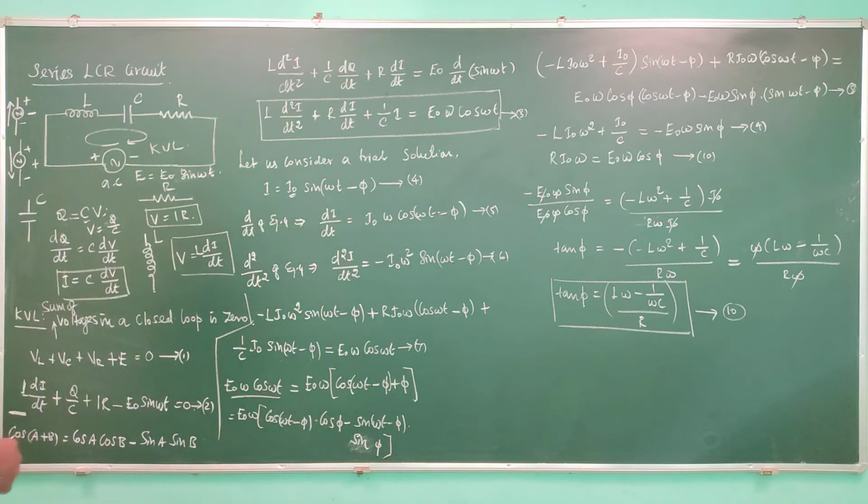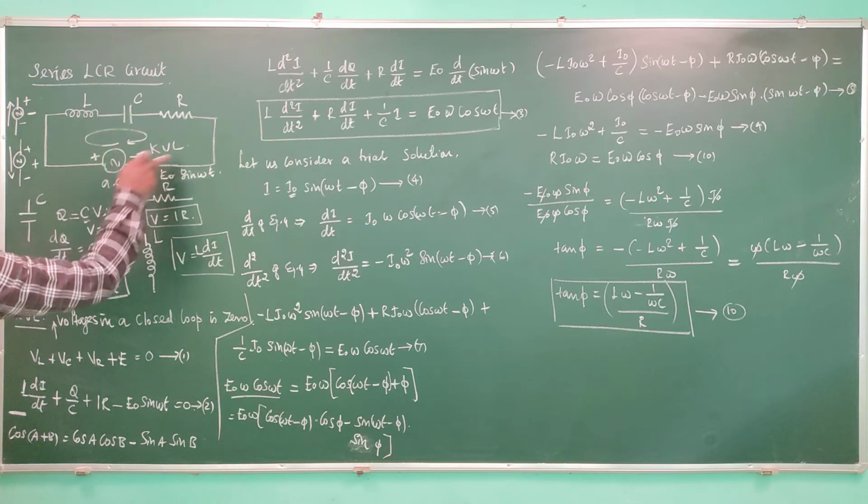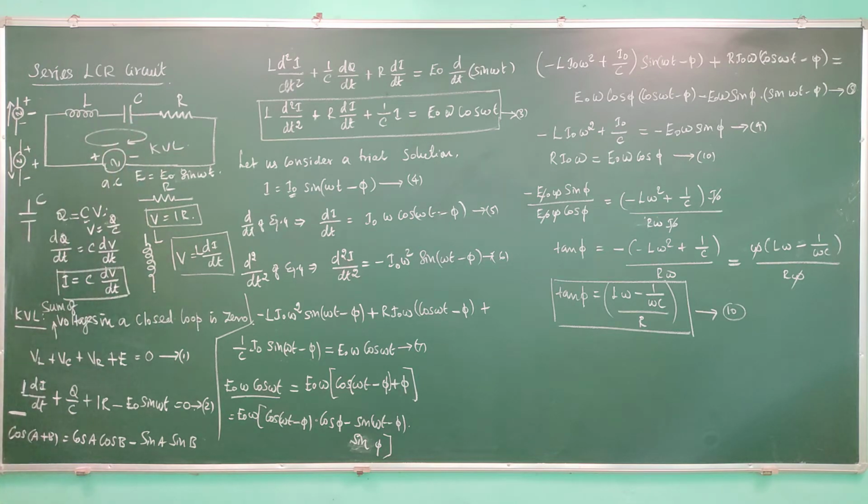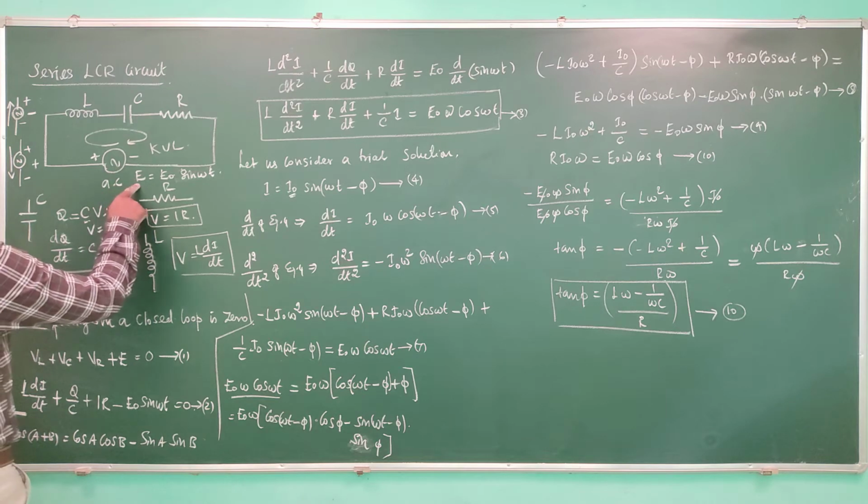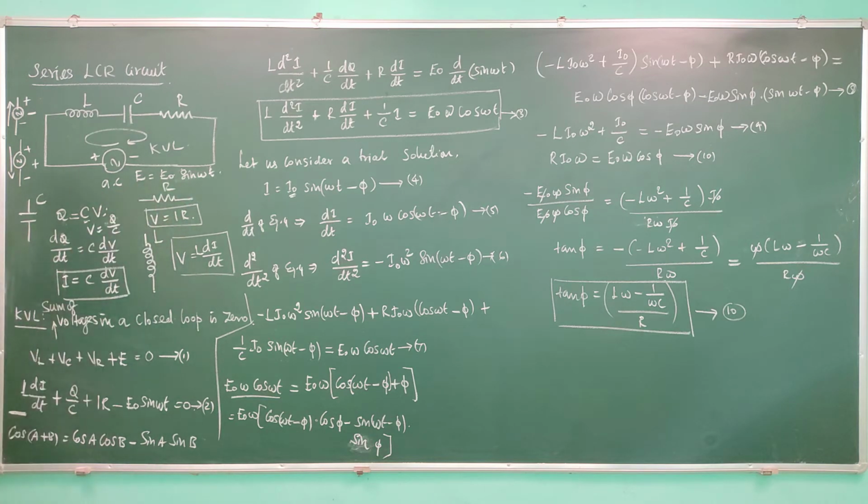So before proceeding further, let us once again recollect the mathematics behind this LCR circuit quickly. We have considered the inductor, capacitor, resistor circuit serially connected with the AC source, and whose equation is written as E is equal to E naught sin omega t.